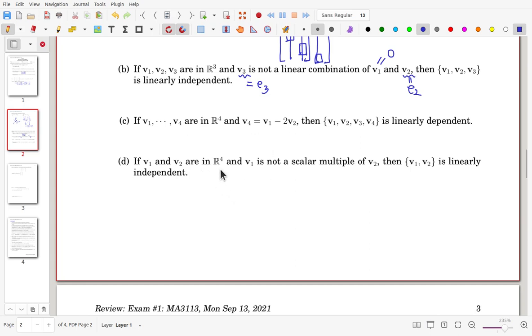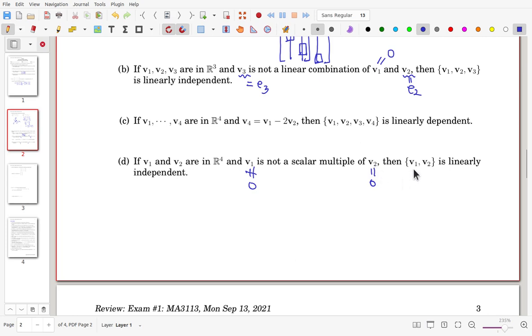V1 and V2 are in R4. V1 is not a scalar multiple of V2, then these two vectors are linearly independent. Is it true? Maybe not. Also, if you try to choose a simple one, for example, V2 is 0, and V1 is non-zero, then V1 cannot be a scalar multiple of the 0 vector.